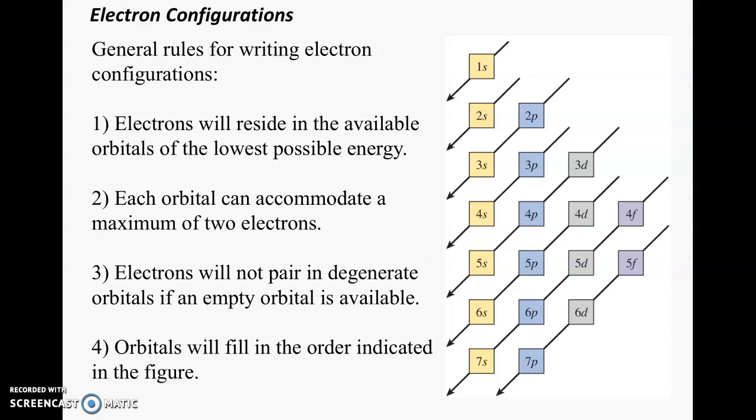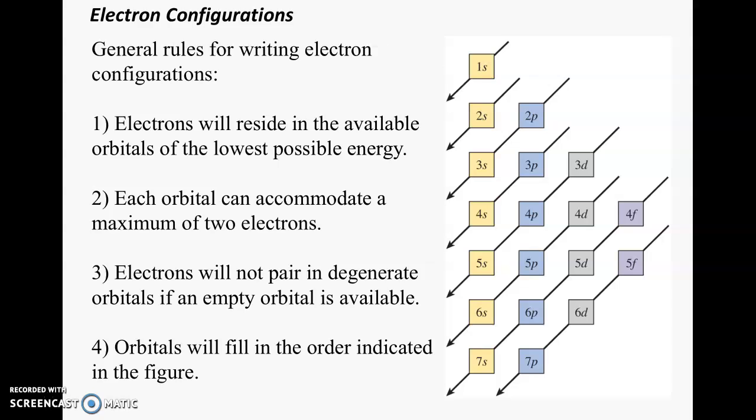So that final line is that the electrons will fill in the order indicated in this figure. So they'll go into the 1s, then they'll go into the 2s, over to the 2p, then down into the 3s, the 3p, but before they go to the 3d, they go to the 4s.